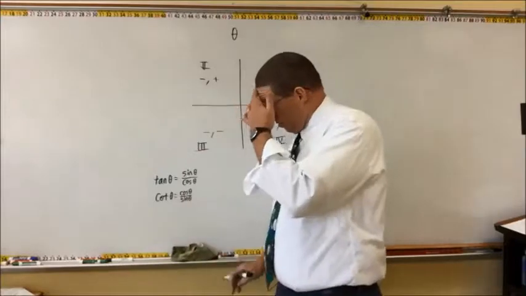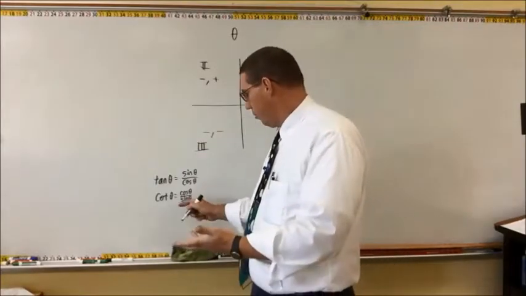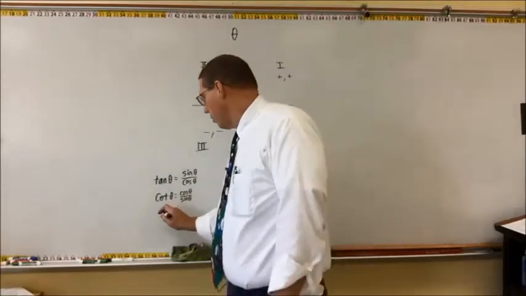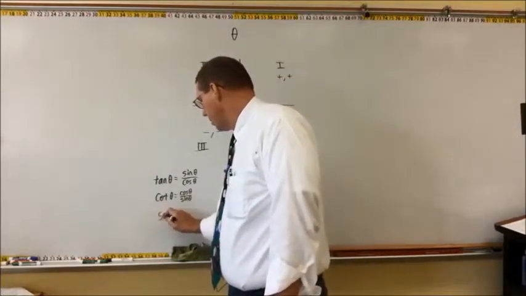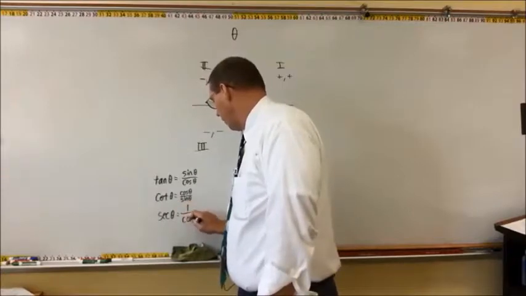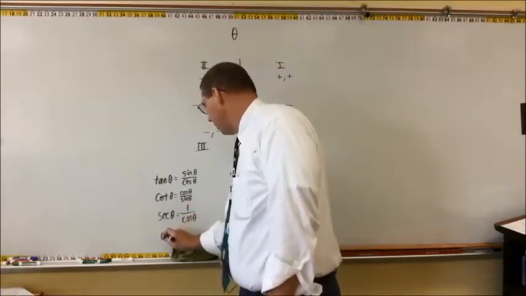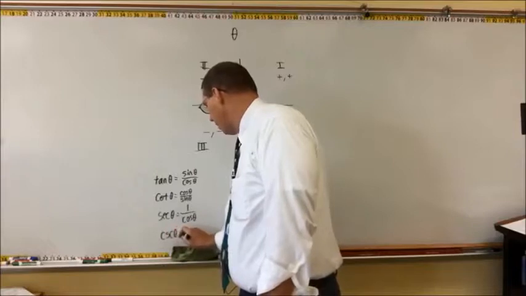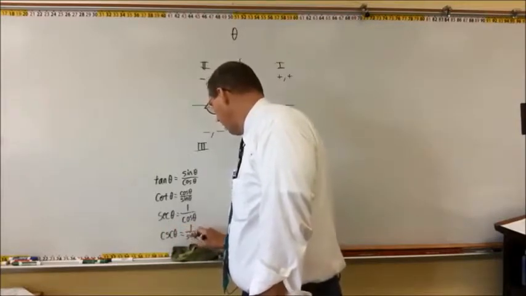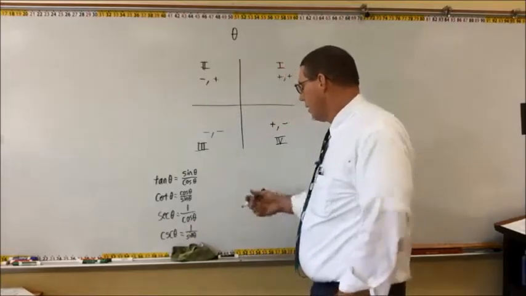Basically we just have to turn these into sines and cosines. Secant of theta is equal to 1 over cosine of theta, and cosecant of theta is equal to 1 over sine of theta. So now it's easy. Give me anything.